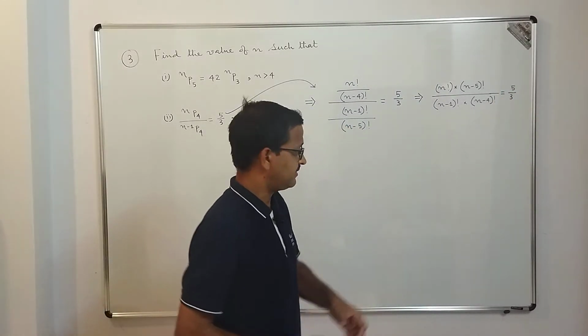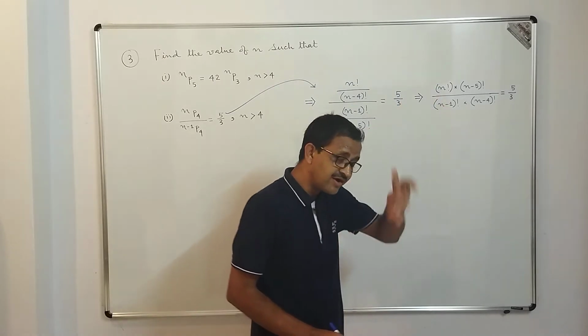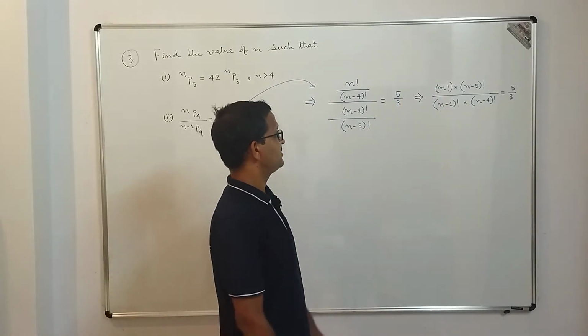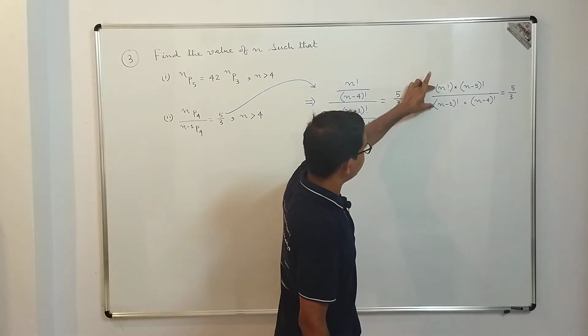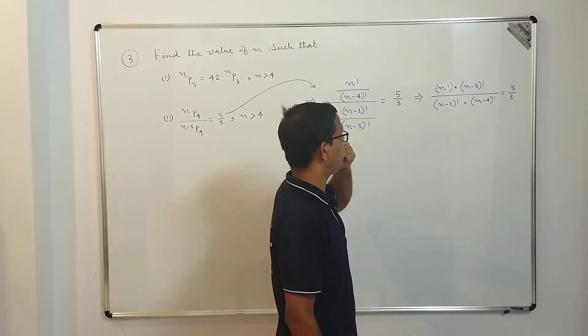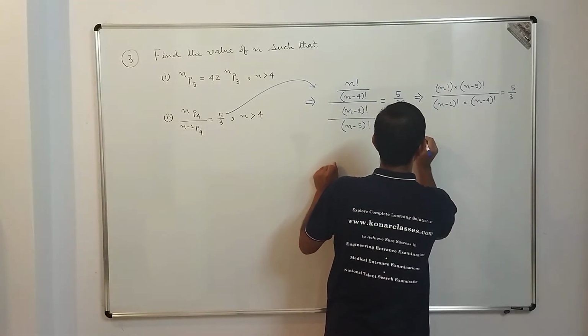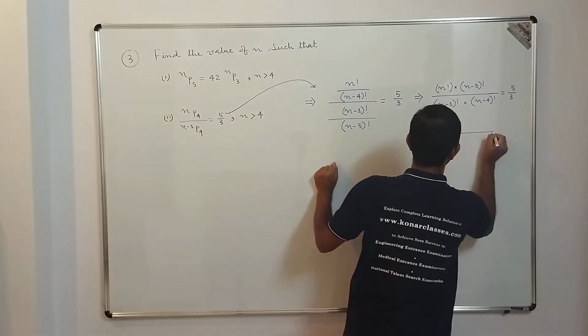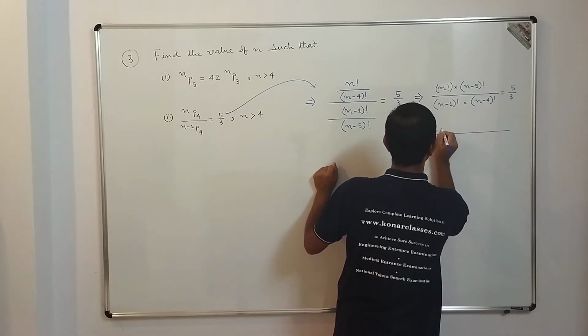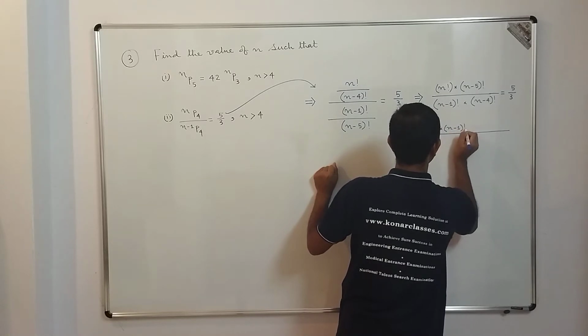Now always remember, whenever we get this type of stuff, we need to break the factorial which is larger. Between n factorial and n minus 1 factorial, n factorial is larger. So what we should do? We should break that n factorial till we reach n minus 1 factorial. That means here we write n into n minus 1 factorial.